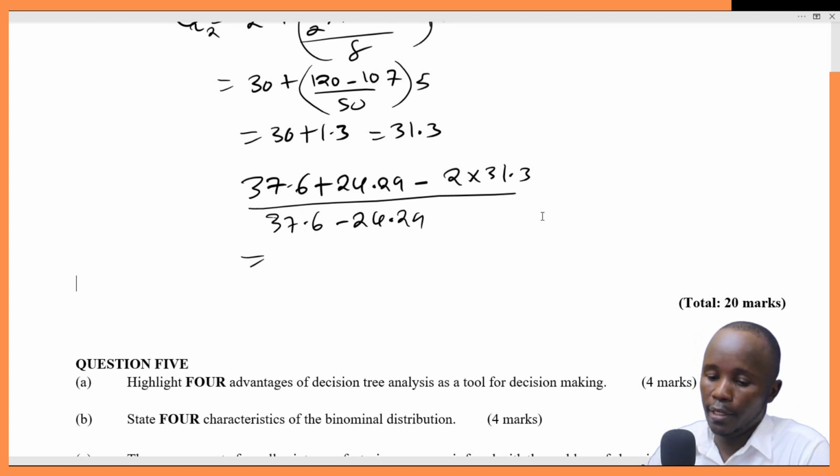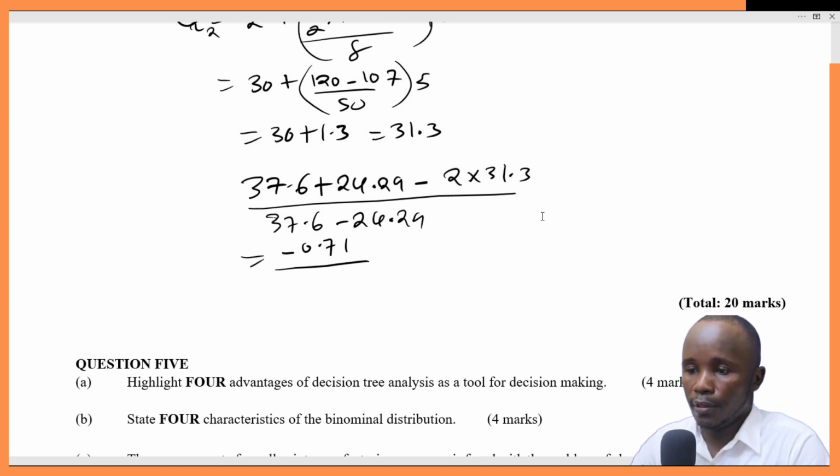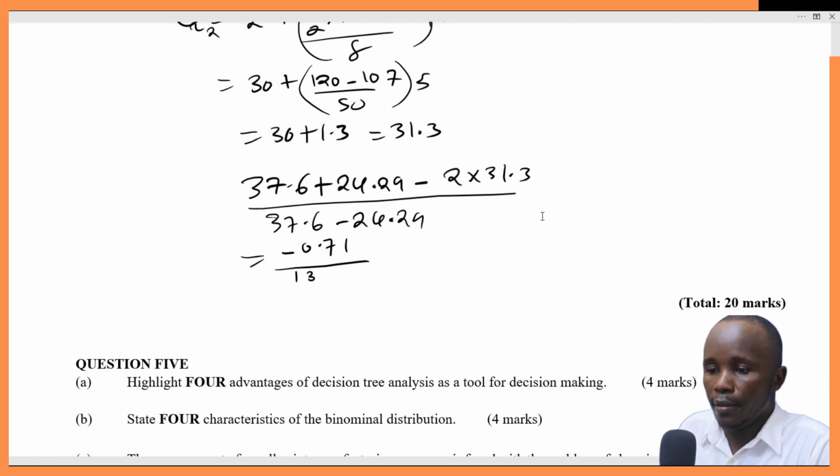Is that all right? Yes, you get negative 0.71. So here we have negative 0.71 divided by 37.6 minus 24.29, which is 13.31.